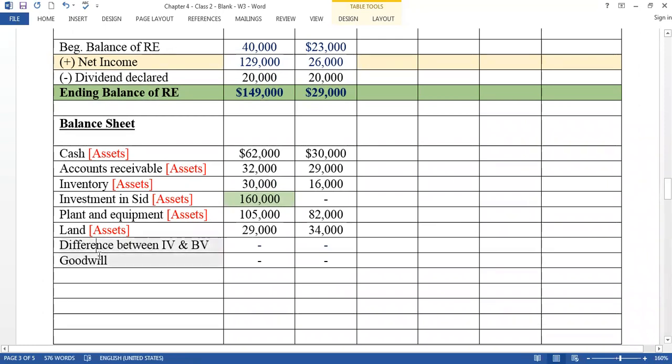So we have done the asset part. Now we can write total assets. According to the trial balance, total assets are $418,000 for the parent company, and $191,000 for the subsidiary company.